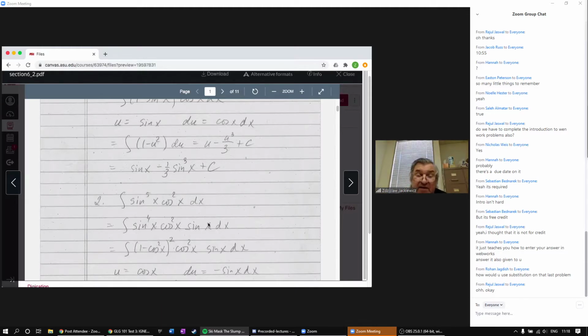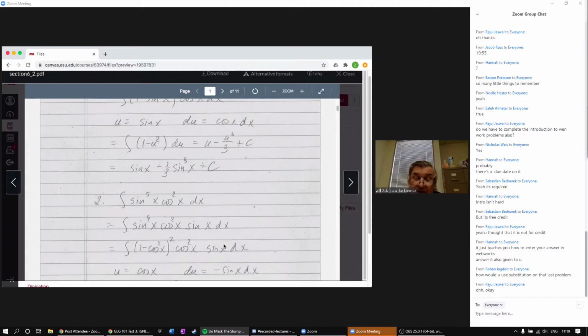So in this case, the idea is let's write sine to the power 5 as sine to the power 4 times sine. Cosine squared, and now sine squared is 1 minus cosine squared. So sine to the power 4 is 1 minus cosine squared, squared. And then cosine squared sine.